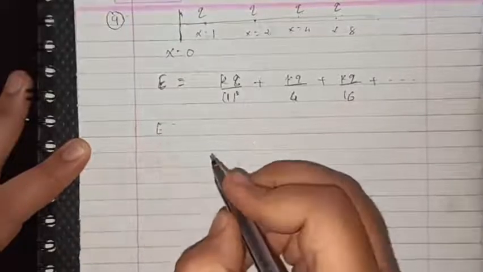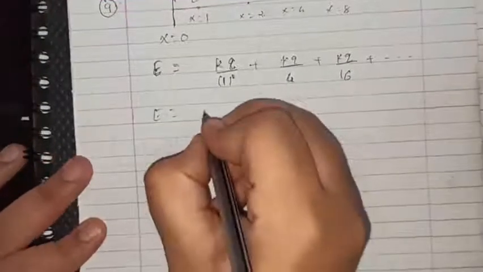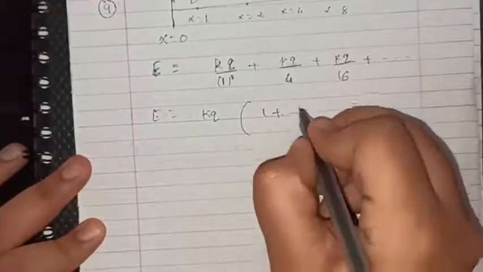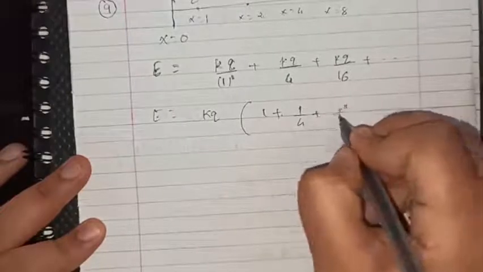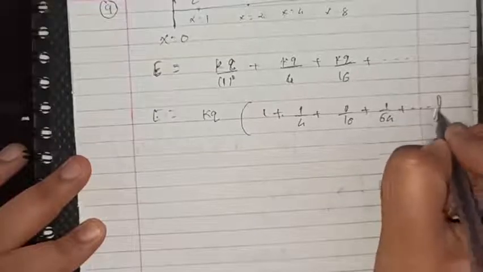So the electric field can be written as KQ into (1 plus 1 by 4 plus 1 by 16 plus 1 by 64 and so on).